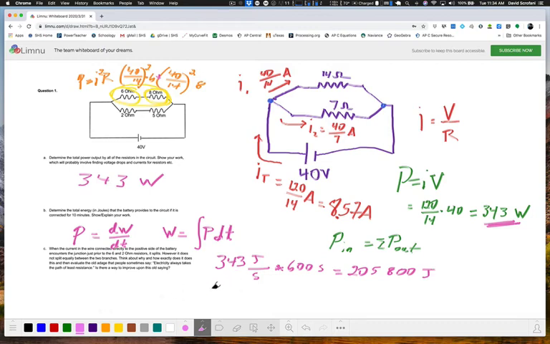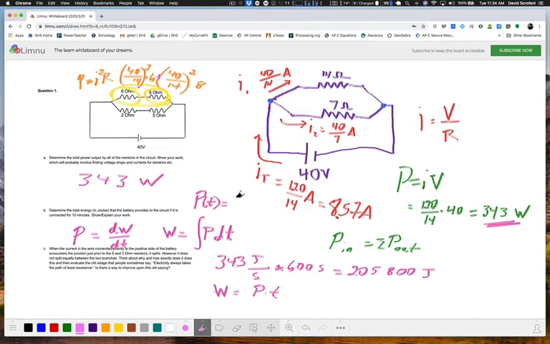Okay, essentially what I'm just doing there is I'm just saying that the total energy, which I'm technically calling W in this context for work, is equal to the power times the time, because I can forego the integral. The integral would be necessary if I had some situation where I had power as a function of time instead of just being 343.